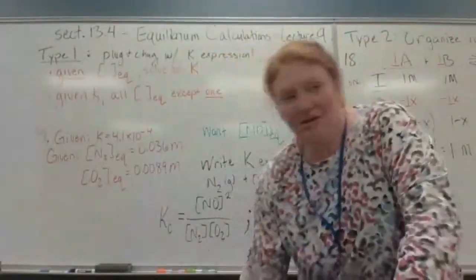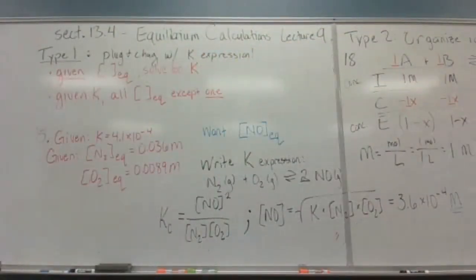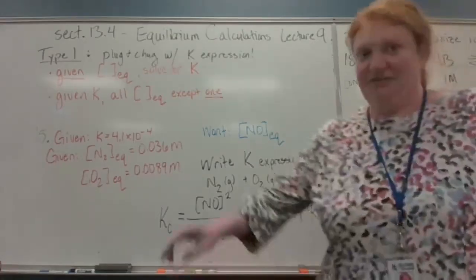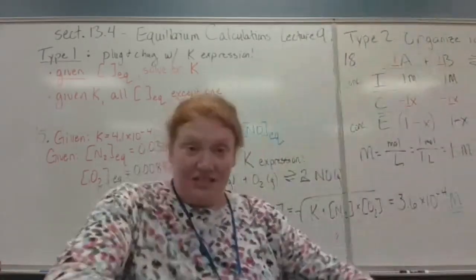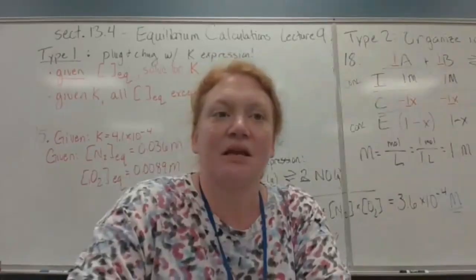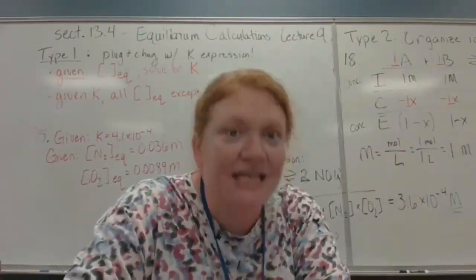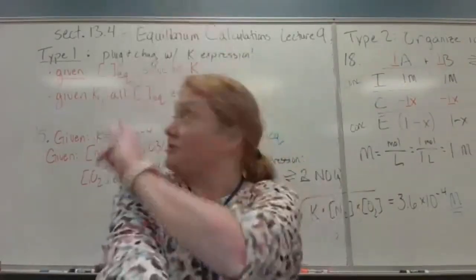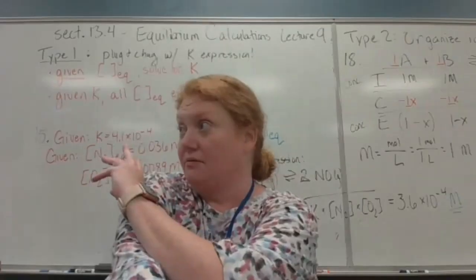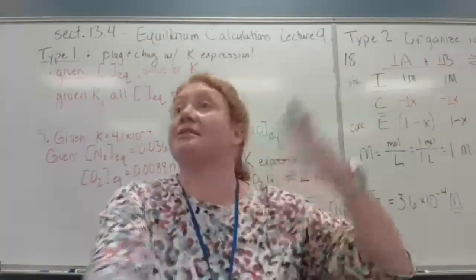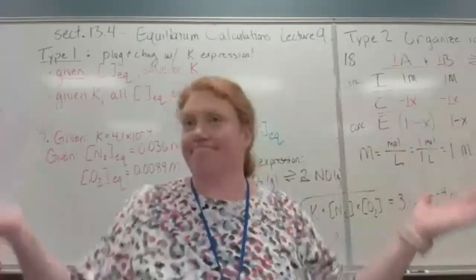And we'll talk about type 3 with the quadratic on Monday. But you guys are going to go ahead and start your first homework set for chapter 13 because it has the first 3 sections. So the things we talked about yesterday plus Le Chatelier's principle.